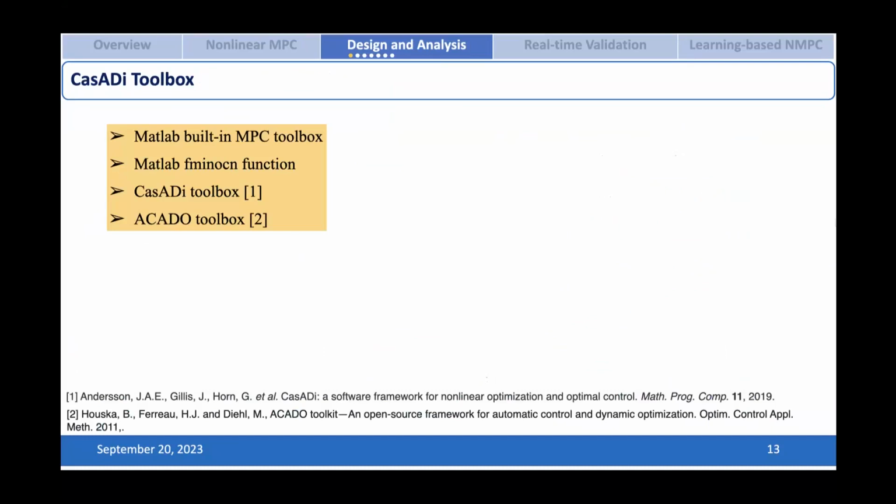Also, we have the MATLAB fmincon function, which is a minimization optimal control function, but this one is a little bit slow in real-time applications. And also we have CasADi and other open-source toolboxes available online that we can use to do real-time implementation of the MPC.